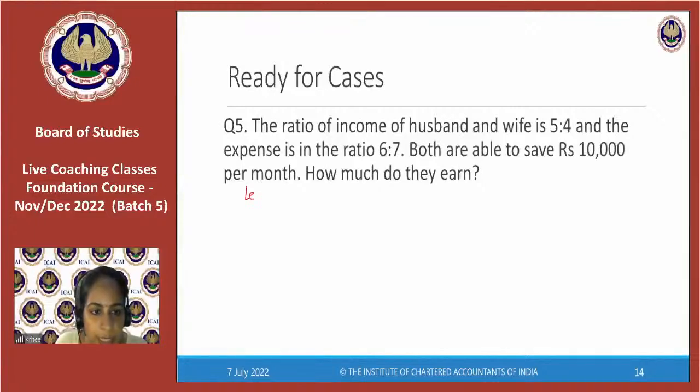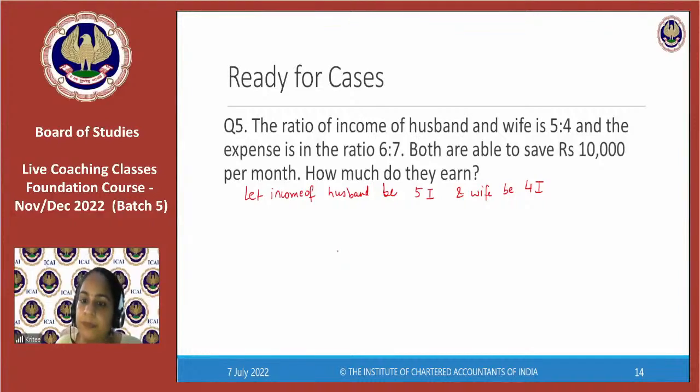So I'll say let income of husband be 5I and wife be 4I.